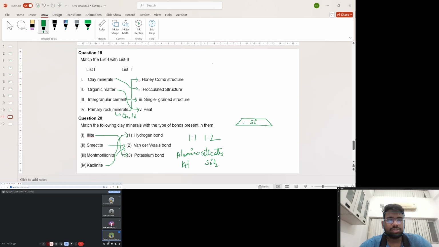It is a tetrahedron, and all the oxygens are shared with the further silica. So this is represented as a trapezium, and alumina is represented as a rectangle. This is a tetrahedral sheet and this is an octahedral sheet.